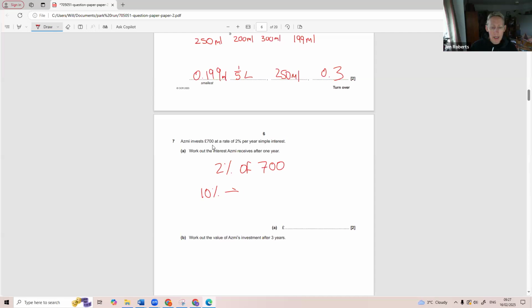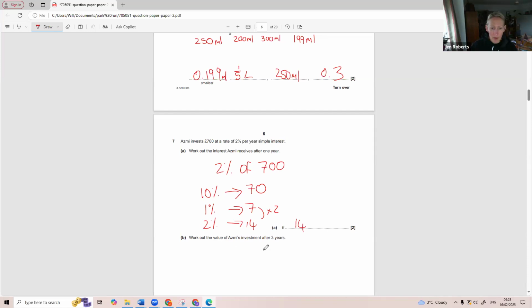Without a calculator, again, 10% is your best option. Divide it by 10, which is 70. 10% is 70, I'm going to get 1% next. We divide this by 10, 1% is 7. Let's now get 2%. 2% is double 1%. So double this, 14. So every year it's £14.